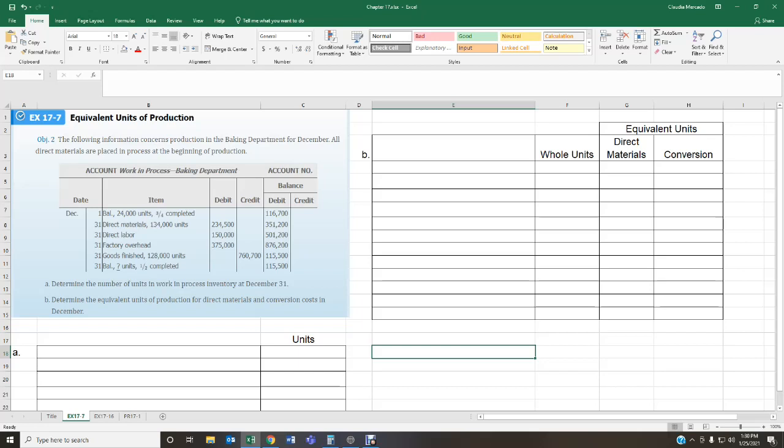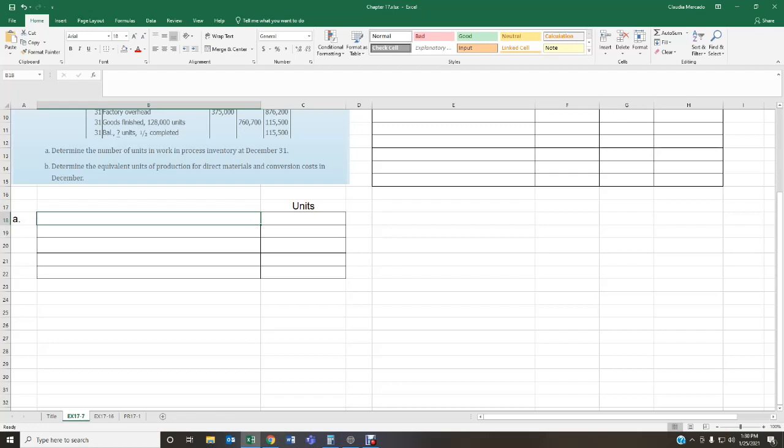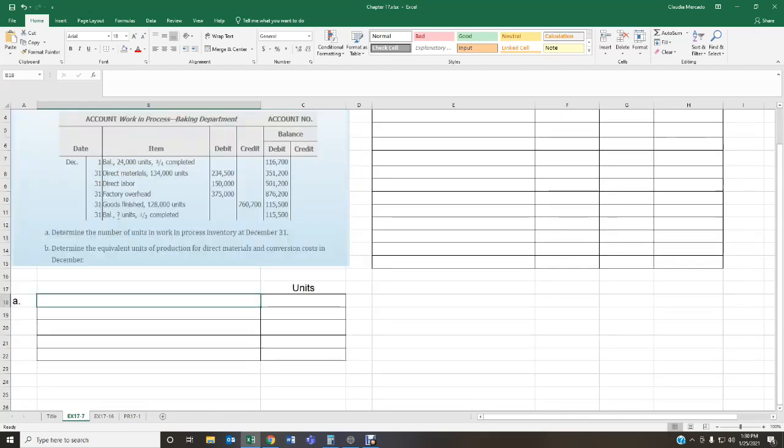It says determine the number of units in work in process inventory at the end of the month, December 31st. So I'm going to do that over here. I'm going to start off with my units in process at the beginning of the month. What are we starting off with in December? Well, in December, I'm starting off with units in process as of December the 1st of 24,000 units.